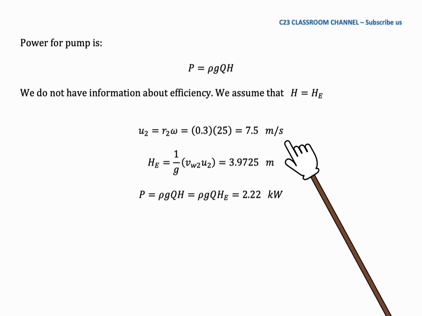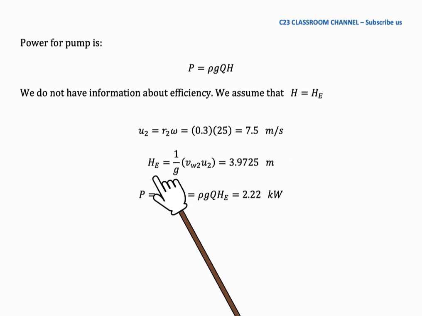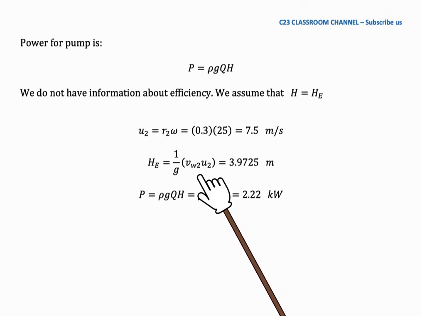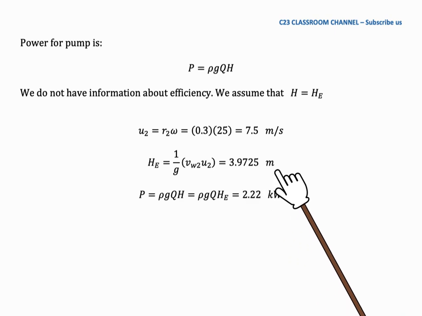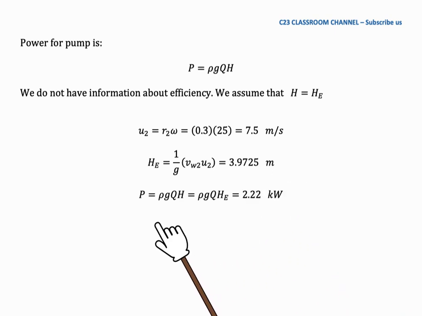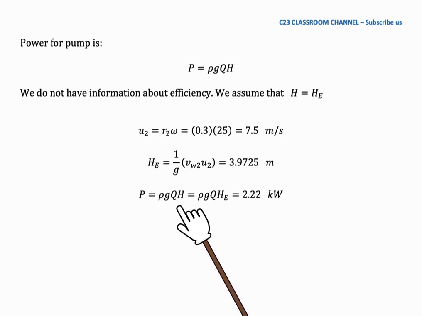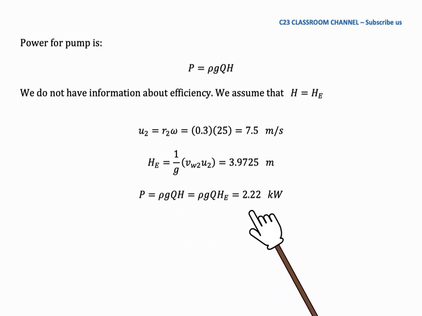Then we could calculate the Euler head by using this equation, and we get 3.9725 meters. And to calculate the power, we substitute all the values into this equation. We could get it is 2.22 kilowatt.